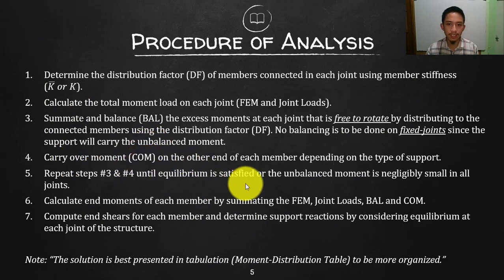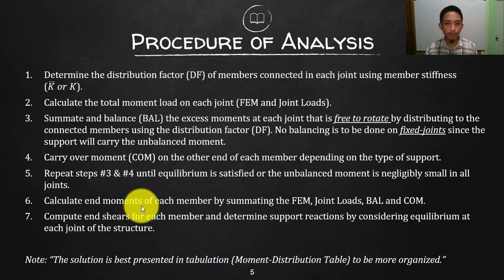Okay, since again, that is the same as rounding values in your other methods, isn't it? That we will not end up with exact values since we are actually rounding values along the way. So it's okay that we will not end up with exactly 0 as long as that is close to equilibrium.